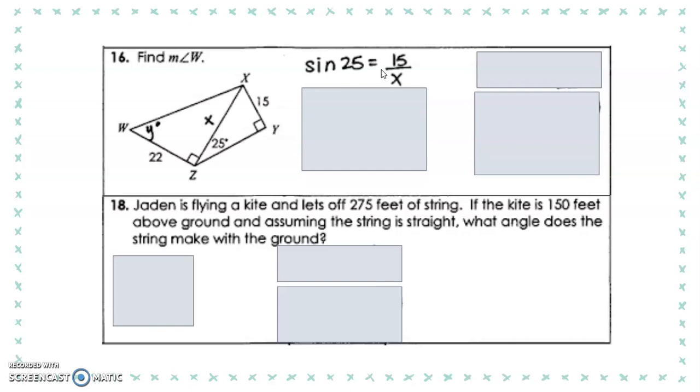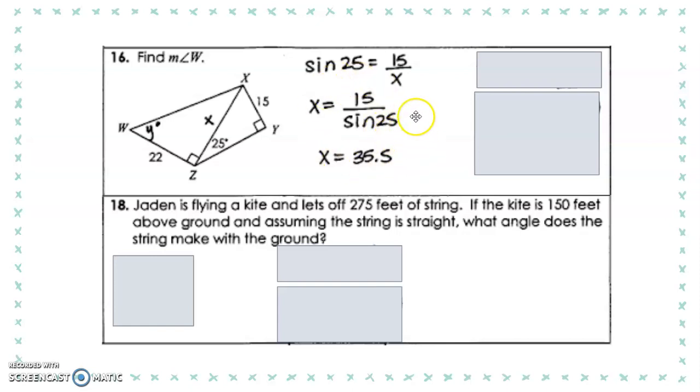Remember, when we're setting this up, it's the sine of 25 equals 15 over x. To solve for x, we're multiplying both sides by x, and then we're going to divide by the sine of 25. So typing that into my calculator, I would do 15 over the sine of 25 and get that side length is 35.5. Again, we had to do this in order to find this missing side, so then we could find what the measure of angle W was.